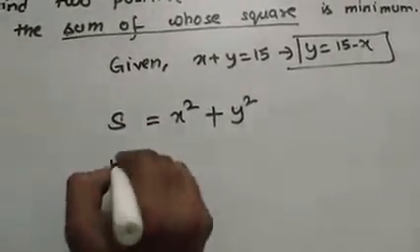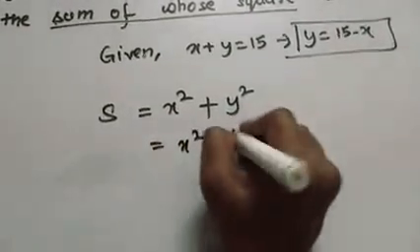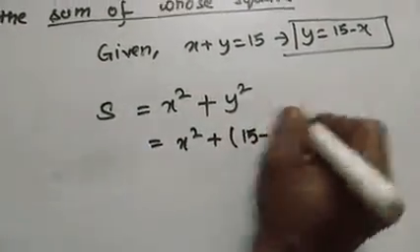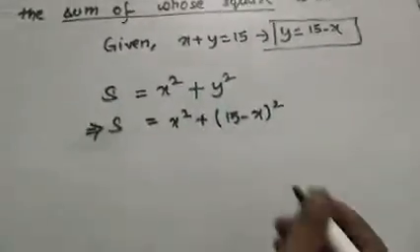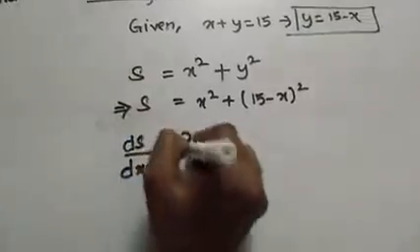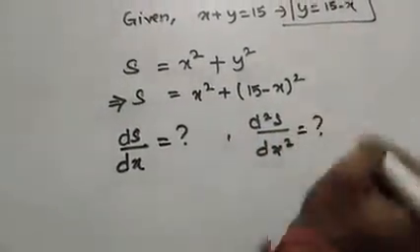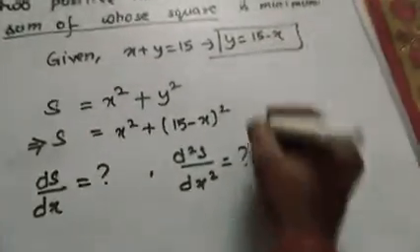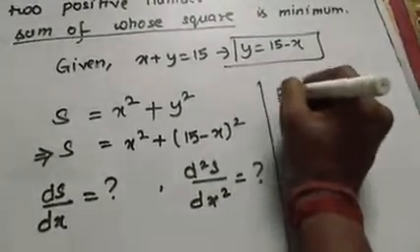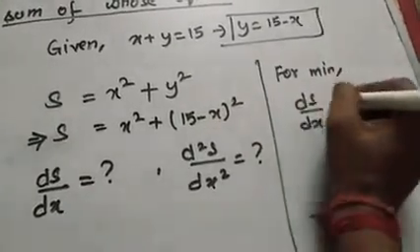Okay, that means how to show? First of all we put the value of y. This is our S. You will find here dS by dx, then you will find their double derivative. Okay, now for a minimum, you will put dS by dx equals 0.